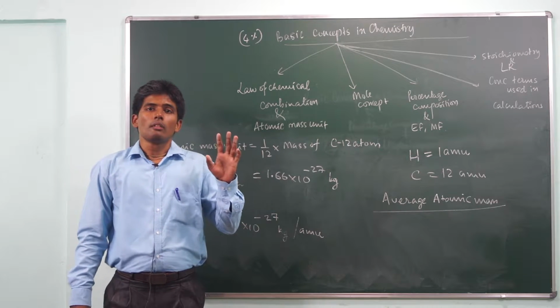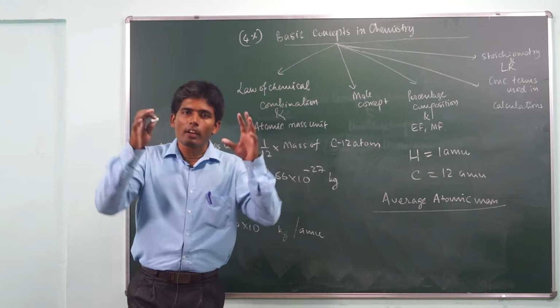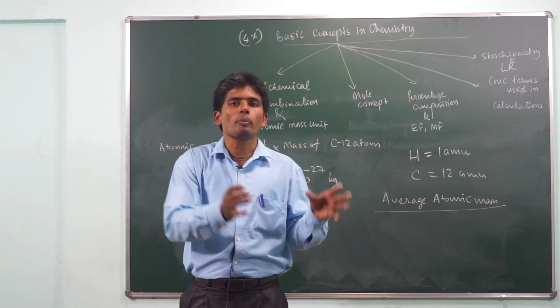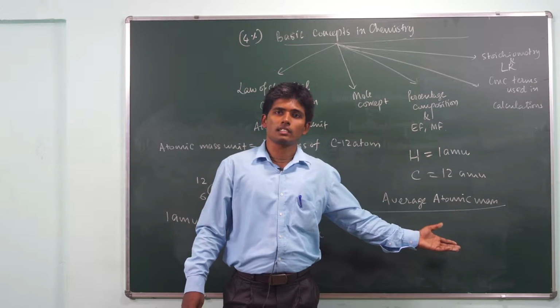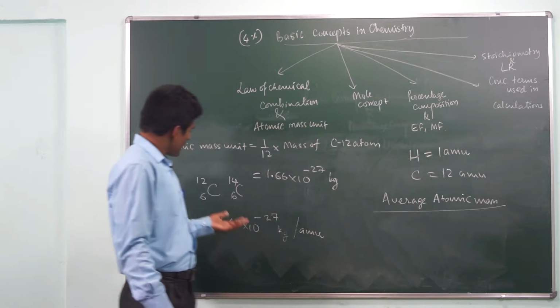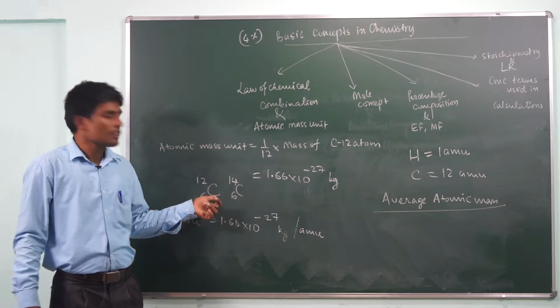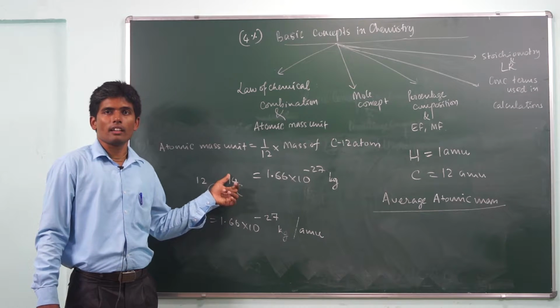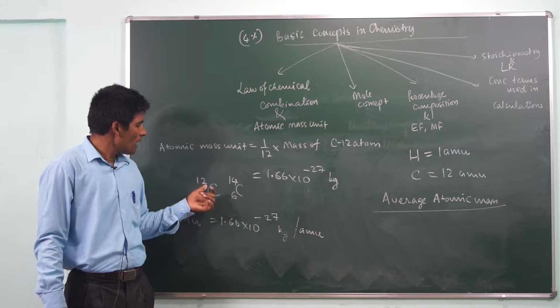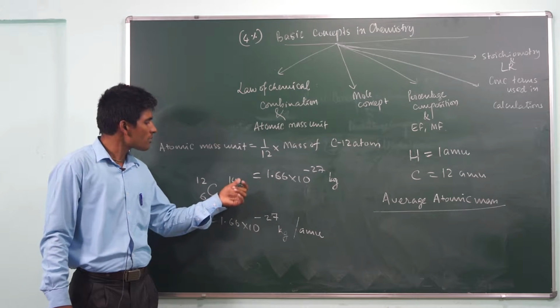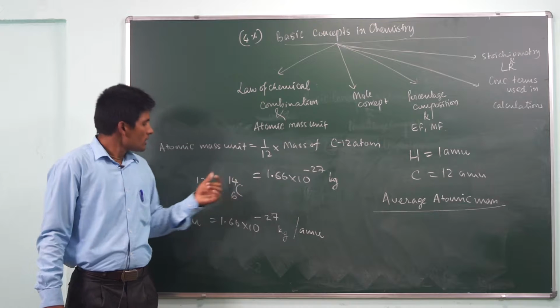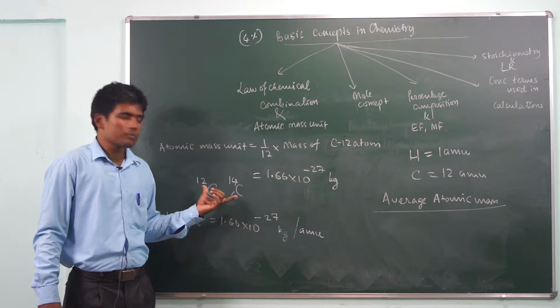Depending upon the percentage of each isotope available in nature, we have a different average atomic mass. For example, carbon has C12 and C14. That means C12 has mass number 12 and C14 has mass 14. So these two are different.